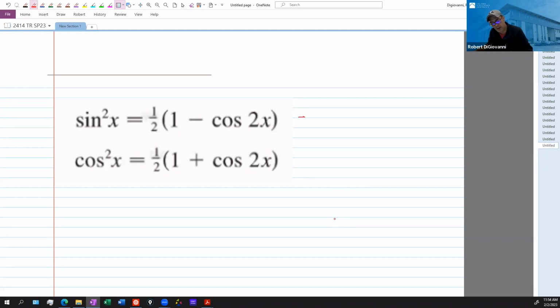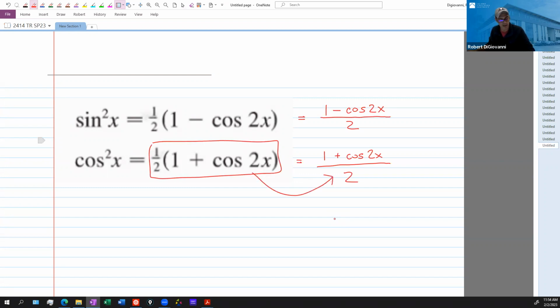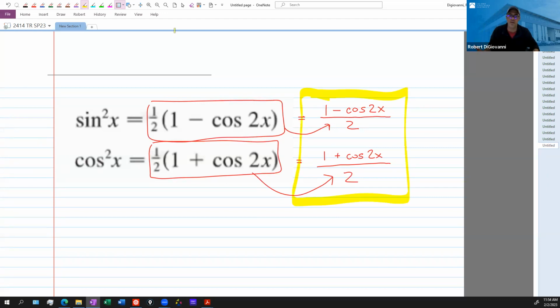You may recognize these more like this, because in pre-cal textbooks, they would write them like this instead. Most pre-cal textbooks, when they present that formula, instead of writing that, they write this. And instead of writing this, they write that. So maybe the stuff in yellow here looks more familiar to you.